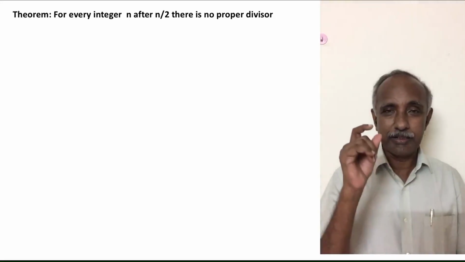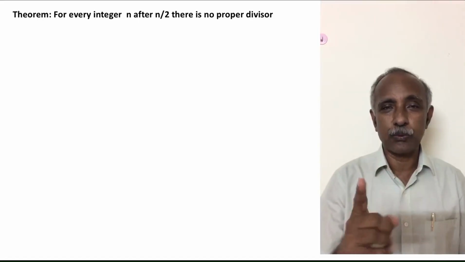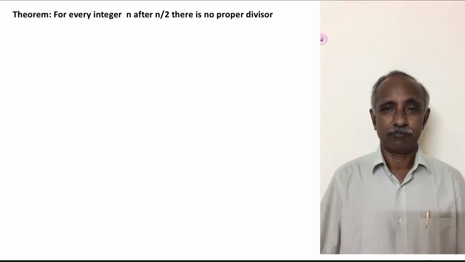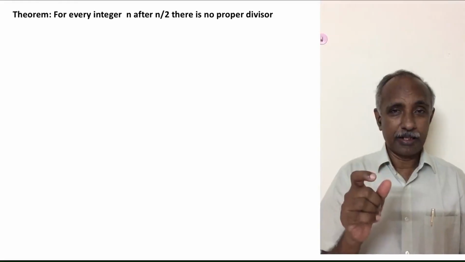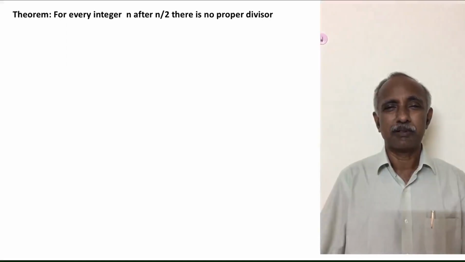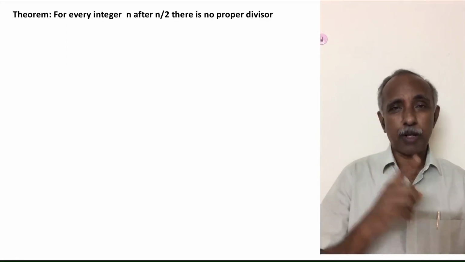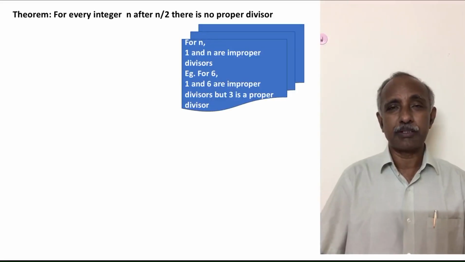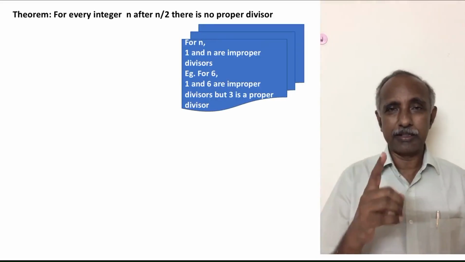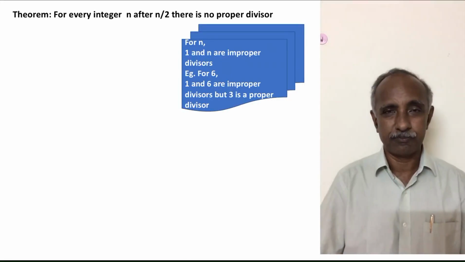For every integer n, after n by 2, there is no proper divisor. What do you mean by proper divisor? First, what do you mean by improper divisor? For the integer n, 1 and n are improper divisors.